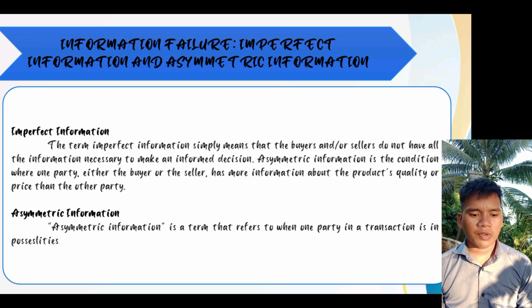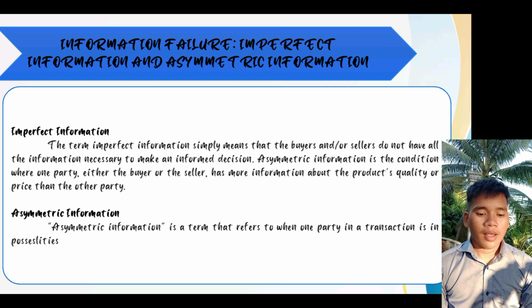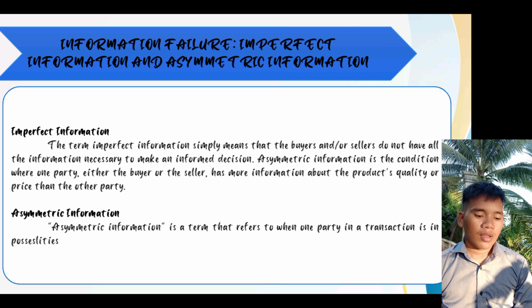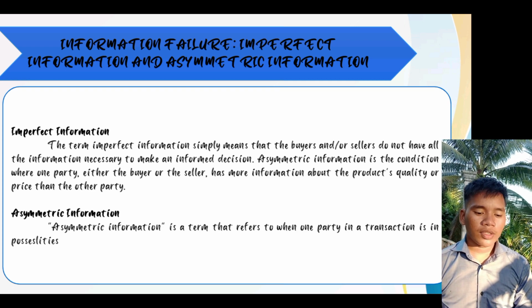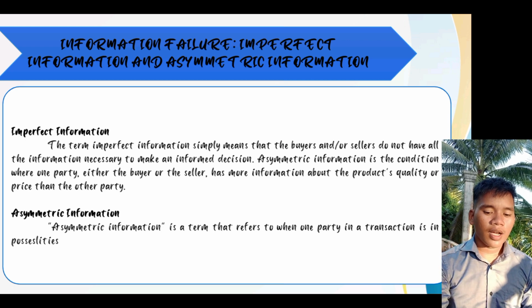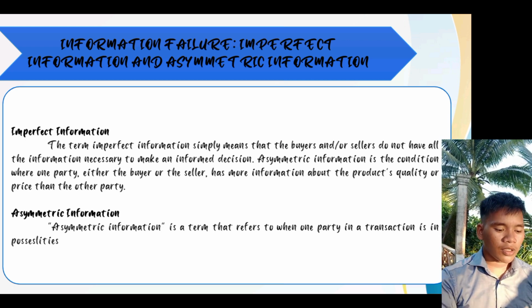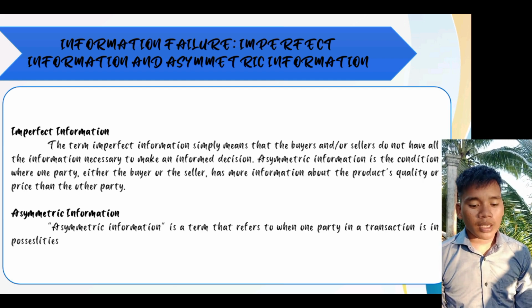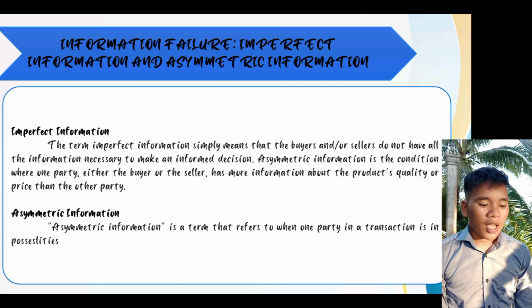The next one is information failure. There are two types of information failure, the imperfect information and asymmetric information. Imperfect information simply means that the buyers and or sellers do not have all the information necessary to make informed decisions.